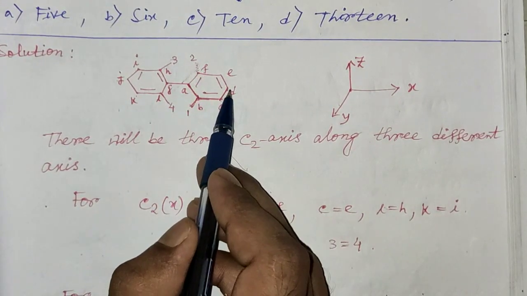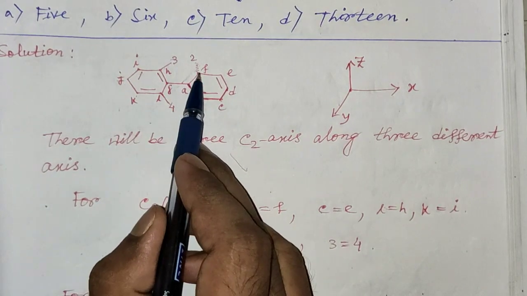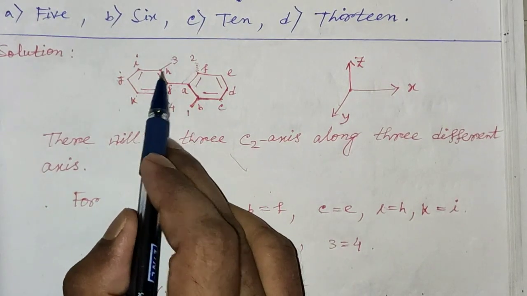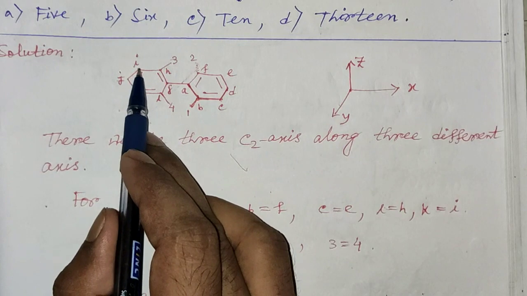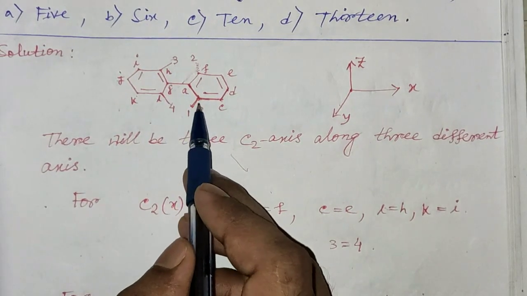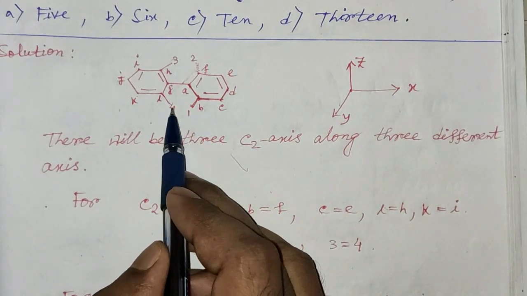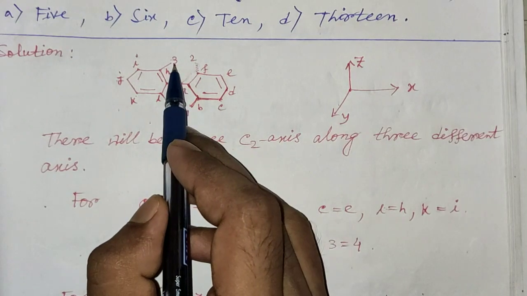Similarly, D will be equivalent to J, F will be equivalent to H, and E will be equivalent to I, and similarly 1 will be equivalent to 4 and 2 will be equivalent to 3.